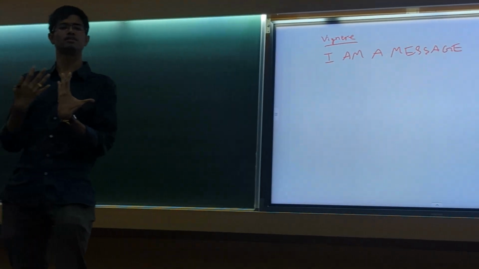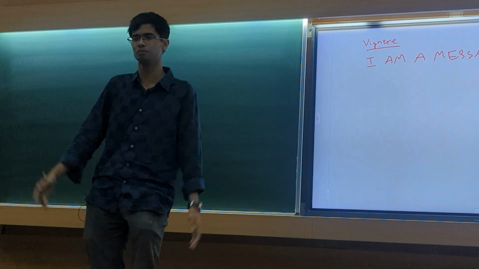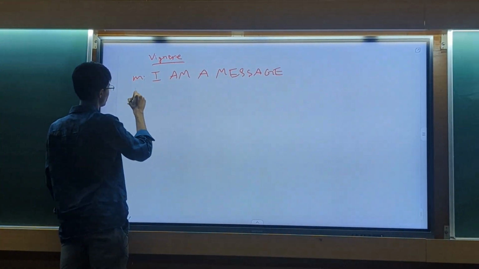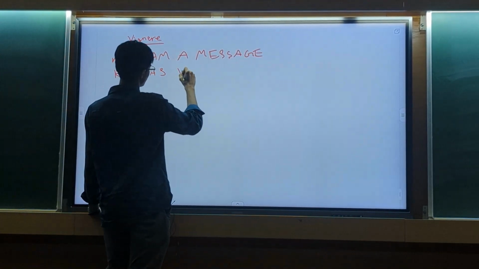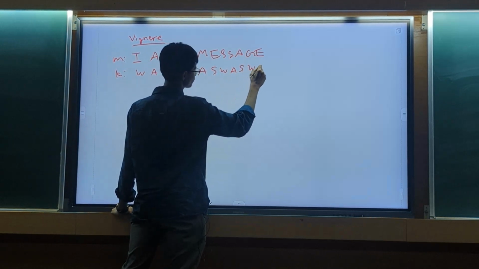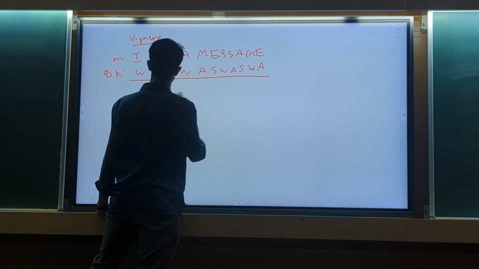So say my key is, I don't know, WAS, W-A-S. So this is my message, and my key is WAS. I'm going to keep repeating WAS for whatever the length of the message is. And then I'm going to add them.